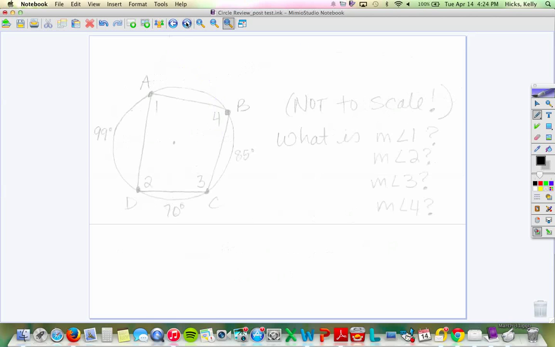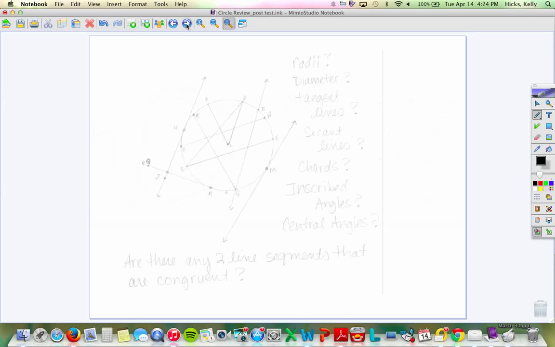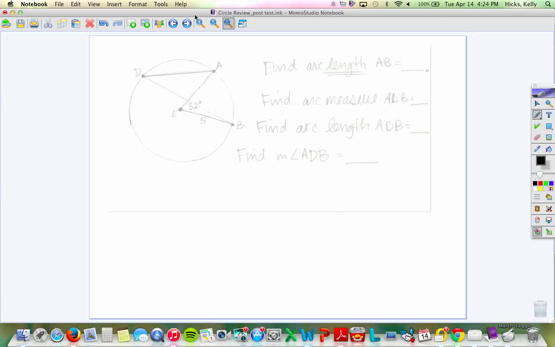All right, let's do another one. I want to do problem number, what I think would be 7 if you went through and numbered them. Let's do this one. Find arc length AB. Well, before we find the arc length, let me find the arc measure. So I'm going to add a question here. Okay, arc measure AB is the measure in degrees of this arc right here.